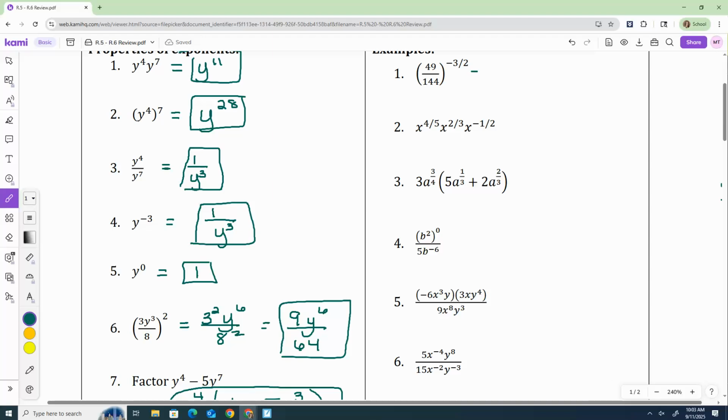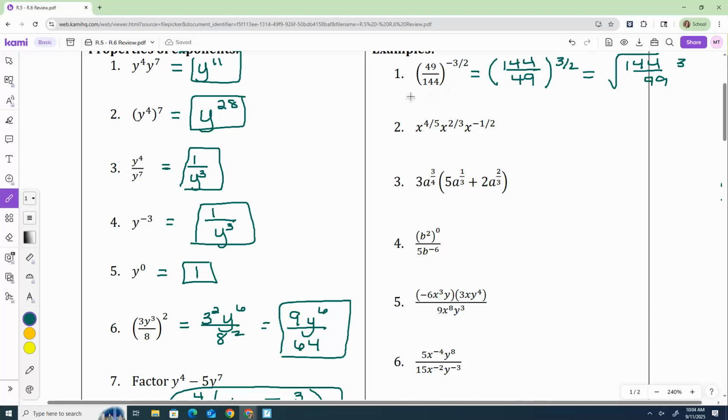Number 1, what does the negative exponent do? Flip. So it flips the fraction itself, not the exponent. All right. We haven't done a radical problem yet today, but you should know, what does a 3/2 power mean? So it's saying the square root of this cubed.